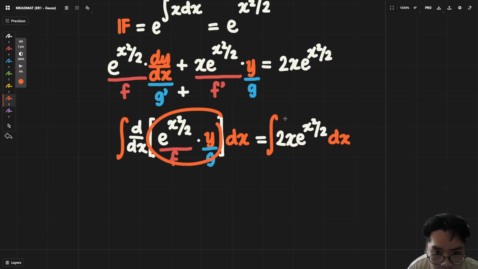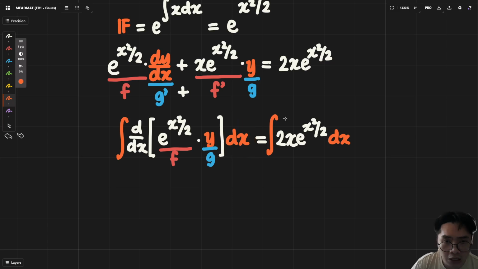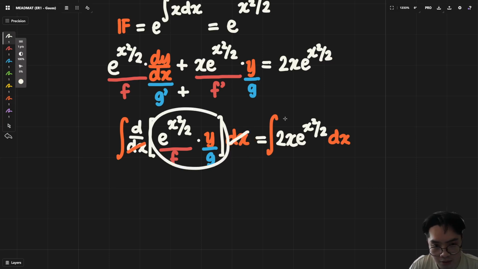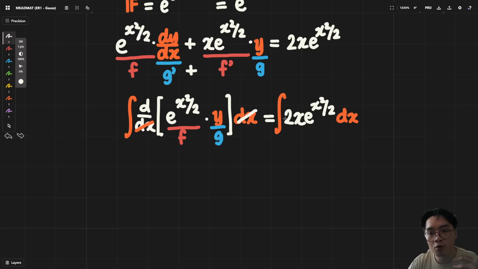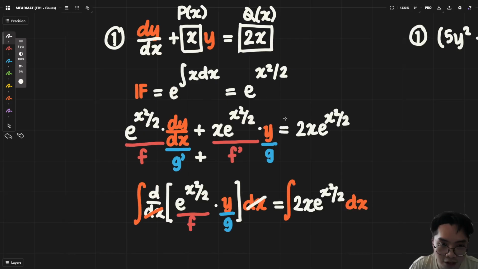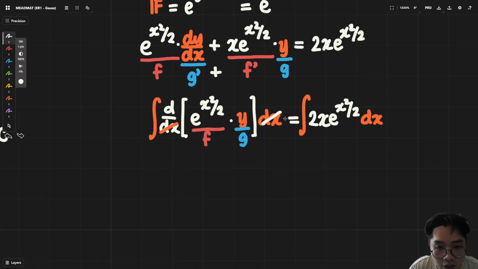If you derive this and then you integrate it back, you will just get the same thing. You'll just get this, which now removes the appearance of differentials. That is the goal of a differential equation in the first place, is to just remove the differentials, right? And now we will have something like this.